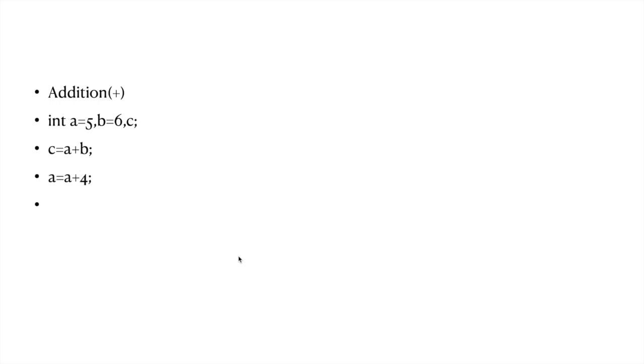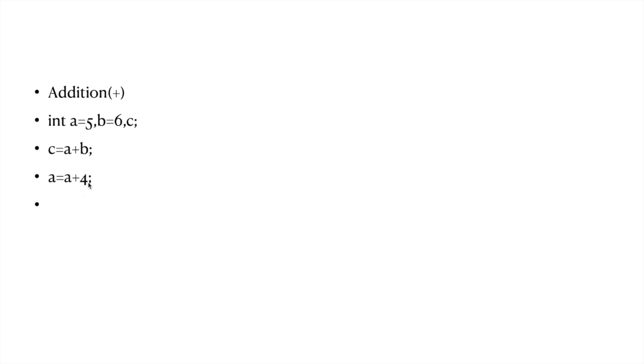For example, here it says a is equal to a plus 4. This means take the value of a, which is 5 here, and add 4 and assign this back to a. So this will make the value of a 9.